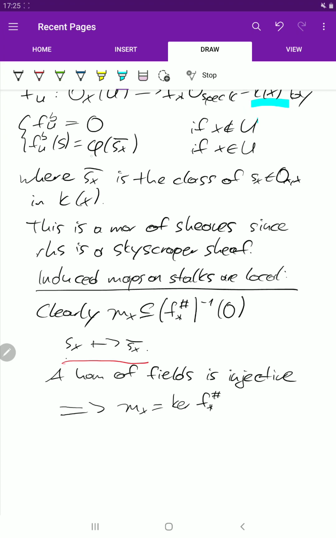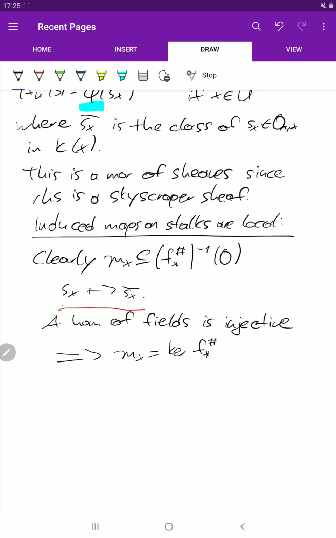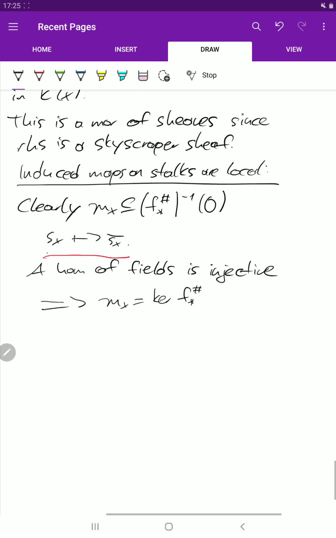Afterwards we apply phi, but that's injective, so that's the kernel of the induced map, and therefore it's a local homomorphism, and that's what we needed. So we have to check it just on this single stalk, and we are done. Okay, thanks for watching. Have a good day. Bye.